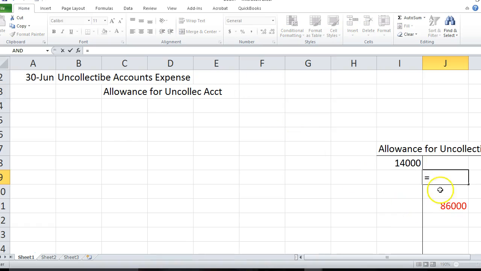Don't we need to take this plus this, or we're going to have to create a journal entry for $100,000 in order to end up with an $86,000 credit? Does that make sense?